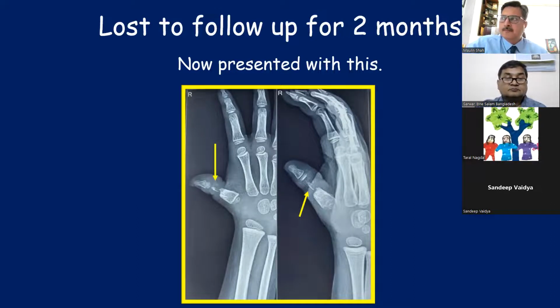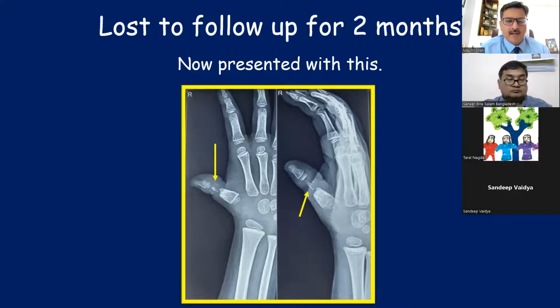You need to send to a 3 Tesla machine, which has a hand coil, where a super picture of this joint can be obtained. And you should go for cartilage sequencing. The information you will get from this MRI is the amount of residual cartilage which is still present, and if there is any residual infection present. So I would do MRI at this stage to decide.